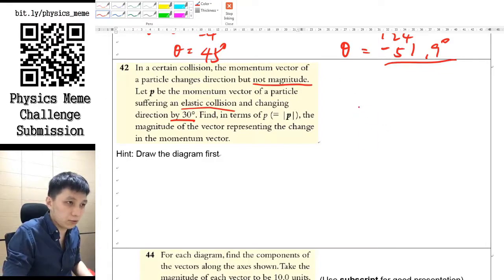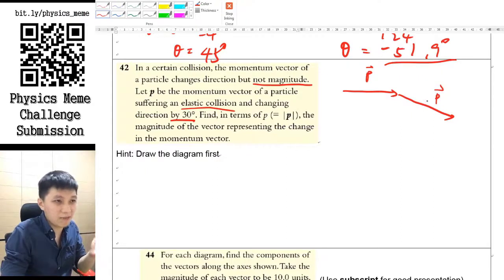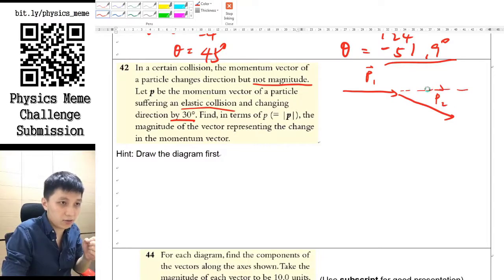So what you can do is let's just call this vector P, and then after that it changed by 30 degrees. So it's still not exactly the same vector, so I call it P1, P2 maybe, but then they actually have the same magnitude, and the angle is changed by 30 degrees.